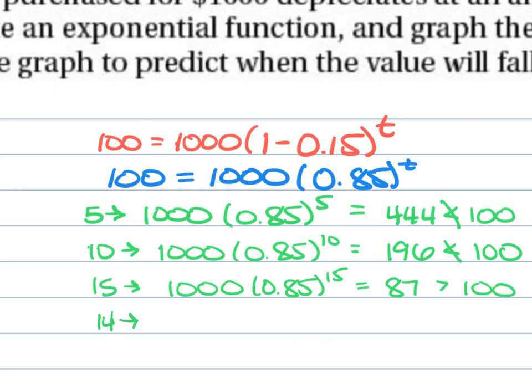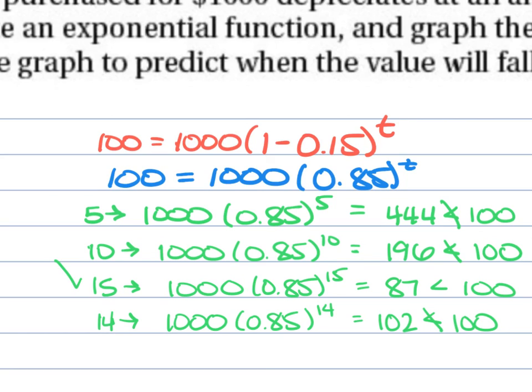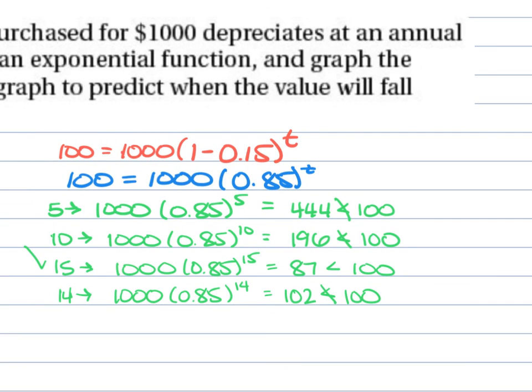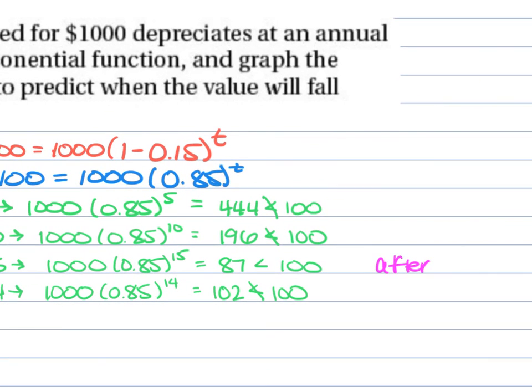So 1,000 times 0.85 to the 14th power is going to give us 102. 102 is not less than 100, and this here should have been less than, not greater than. So that 14 is not our answer. After 15 years would be when it depreciates to below $100.